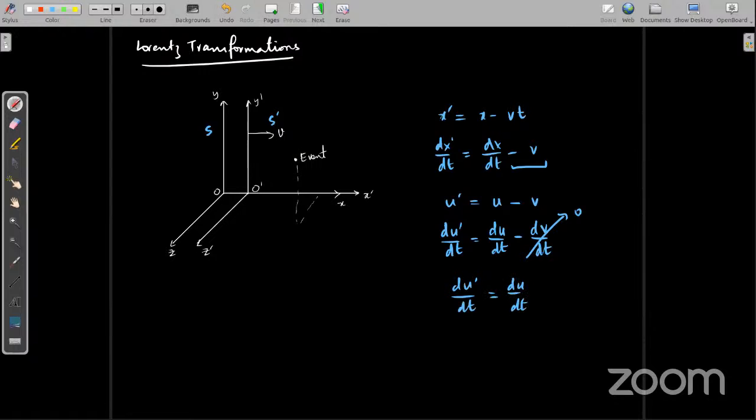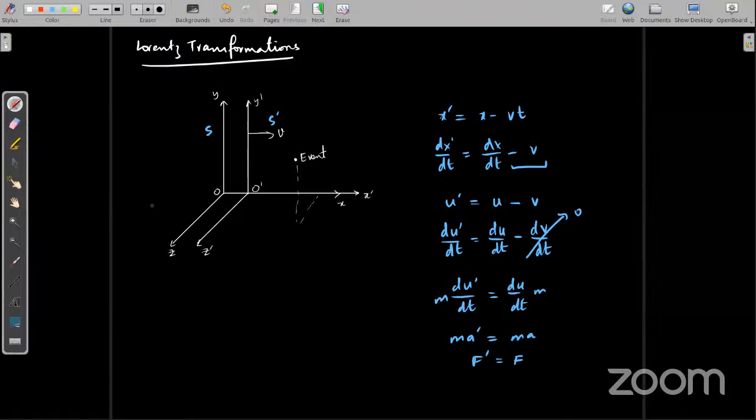Now, if I assume a particle of mass m that is being studied, and I multiply both sides with m, what I basically have is that ma prime equals ma, or F prime equals F. Now, what this tells me is that the force that acts on the particle of mass m in the stationary frame S is the same force that acts on the particle of mass m in the moving frame of reference, provided that the moving frame is at a constant uniform relative velocity.